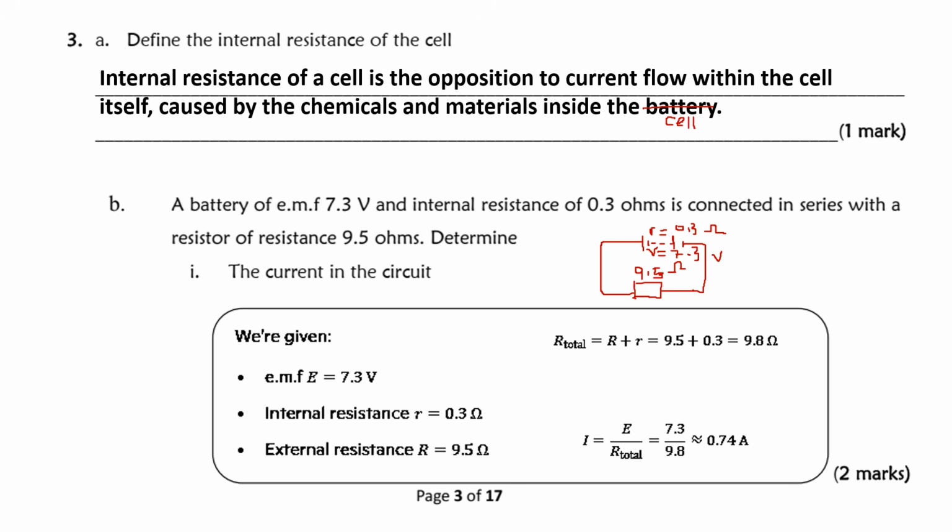EMF, E, is simply equal to current multiplied by internal resistance add external resistance, capital R. Such that, making I the subject, current is going to be equal to E, which is the EMF, divided by the total resistance, small r plus capital R.